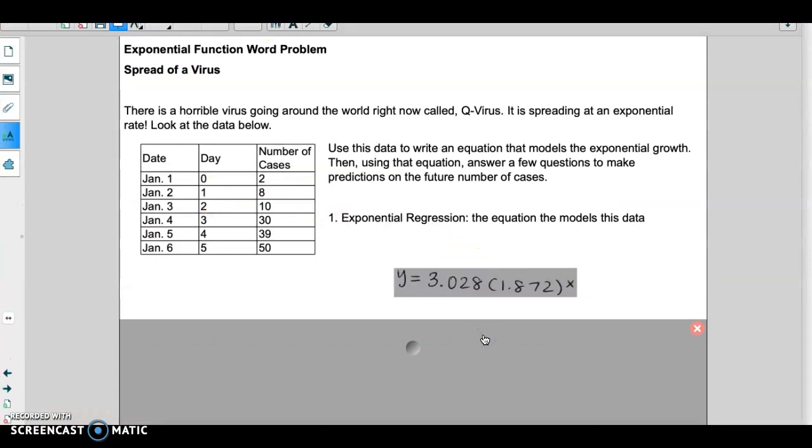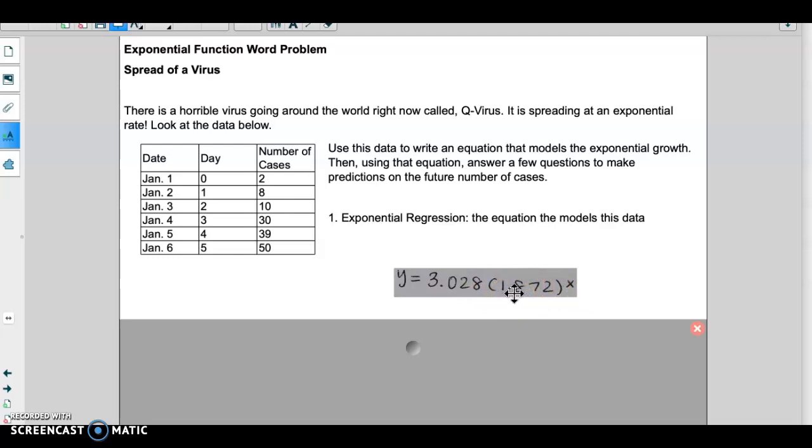Let's just recall what this equation represents. Obviously x is day, y is the number of cases. The 3.028, this first number, if you go back to the beginning of exponential functions, I think that was 5.1, represents the initial value, the y-intercept.